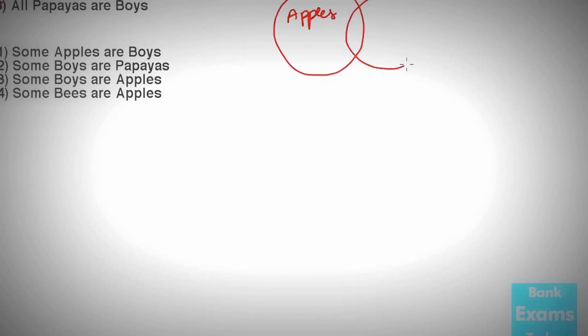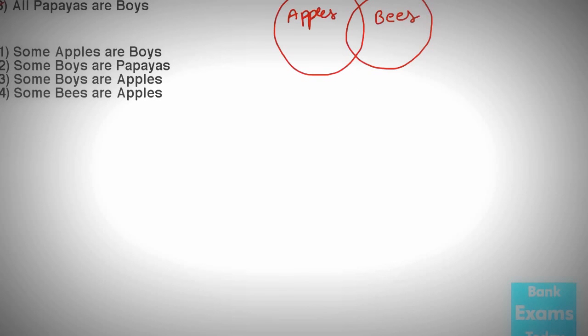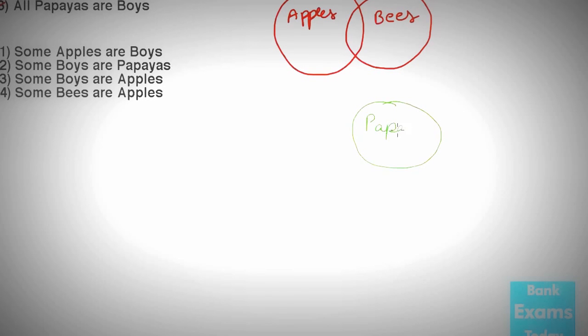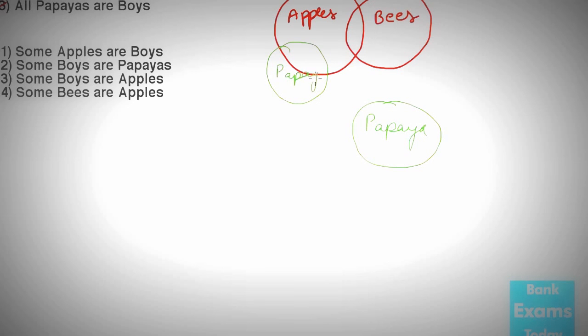Some apples are bees. These are for apples. Some of the apples are bees. Then no bee is a papaya. Here goes the papaya. Papaya can be here or the papaya can be here. The papaya circle can be anywhere except this bee circle.